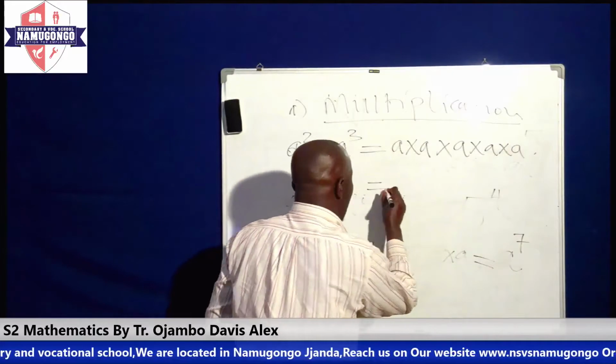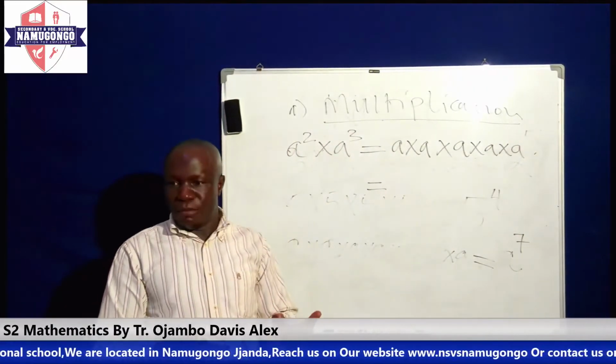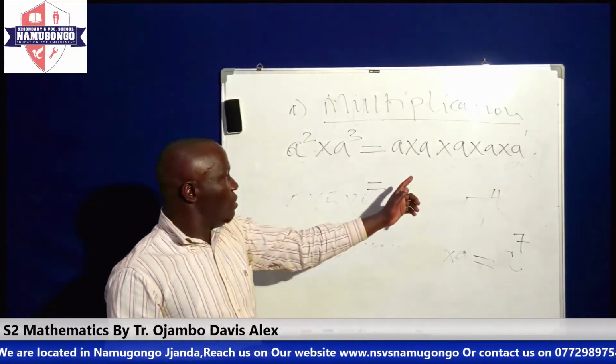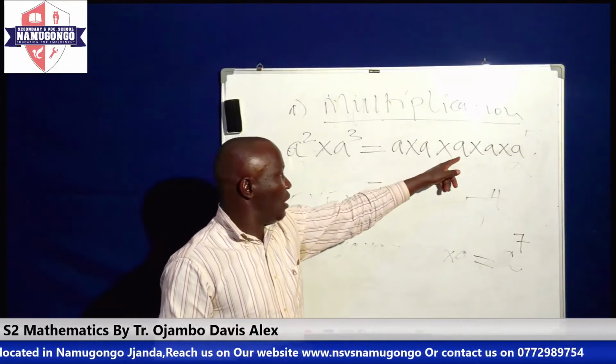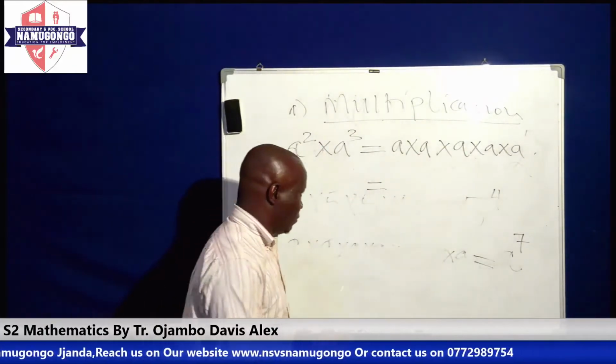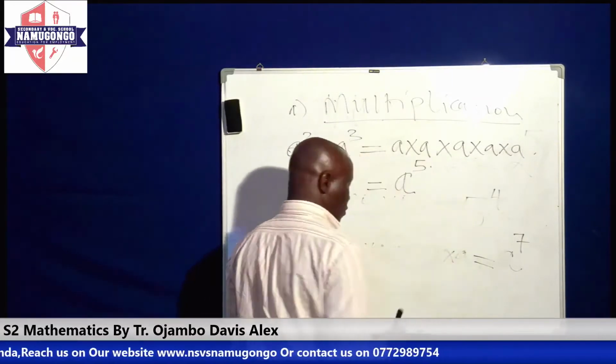Then from here, you can count the number of times a has been multiplied by itself. If we count 1, 2, 3, 4, 5, a has been multiplied by itself 5 times. And that can be written as a raised to the power of 5.